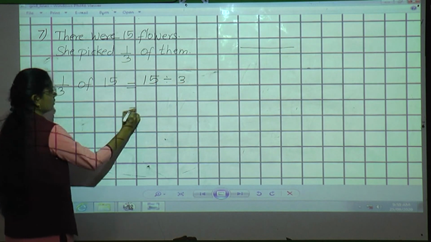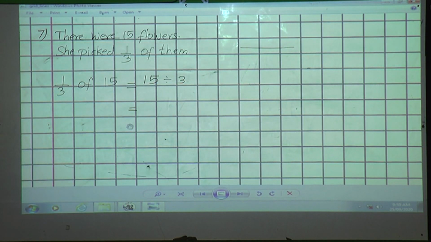15 by 3. Now 15 by 3, you have to do the division now. 1/3 of 15 means 15 by 3. Now you have to see the table of 3. In the table of 3, 15 number is there? Yes, 15 is there. Now in the 15, how many 3's are there? 3 5's are 15.